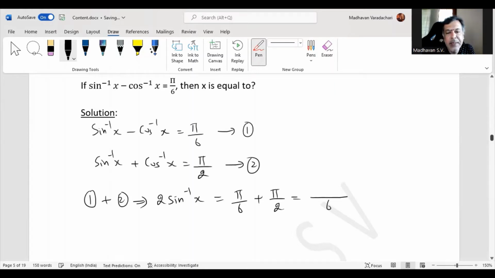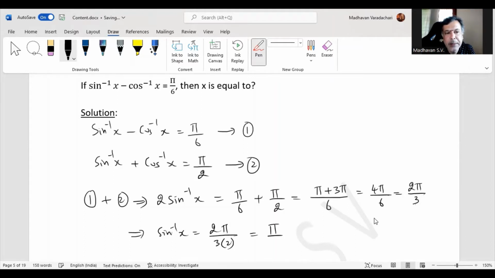Now the LCM is 6, so we get pi plus 3 pi, which is 4 pi by 6, or it is 2 pi by 3. That means our sine inverse of x will be 2 pi by 3 divided by 2, which works out to pi by 3.